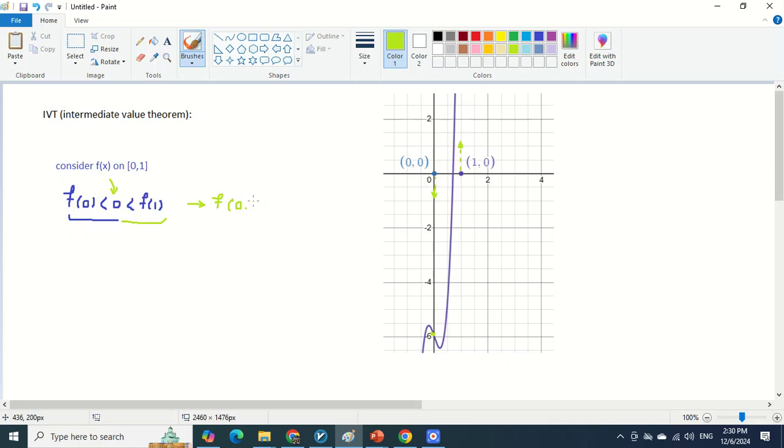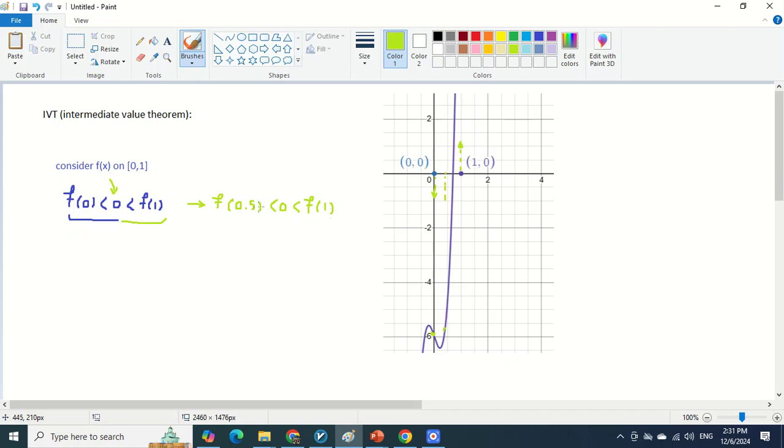If I calculate f of half at the point 0.5, as you can see, this value is negative, so f of half is negative. Right now we know that f of 1 is positive, so I can say that the root should be a value between half and 1, and in this way we can restrict the root more and more.